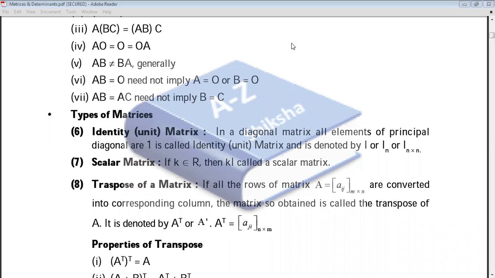Have you got my point? So I just repeat the definition again. A diagonal matrix is said to be a scalar matrix if all the diagonal elements are same.